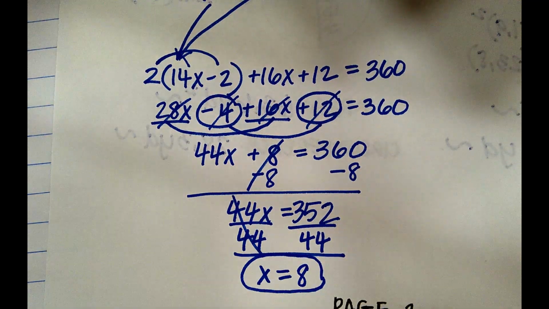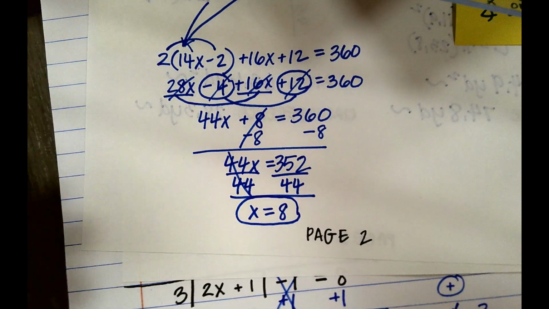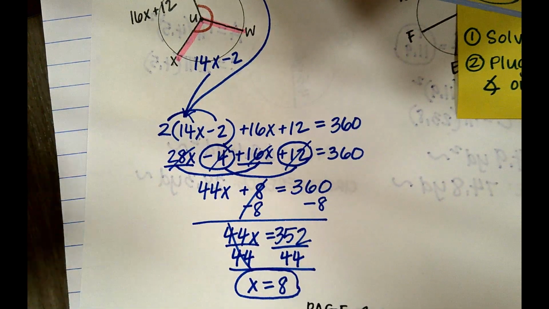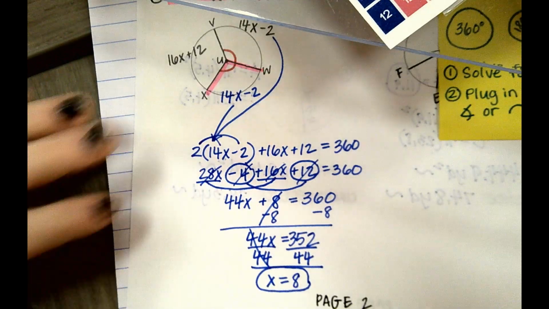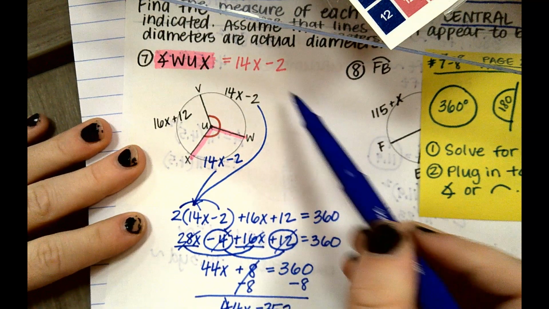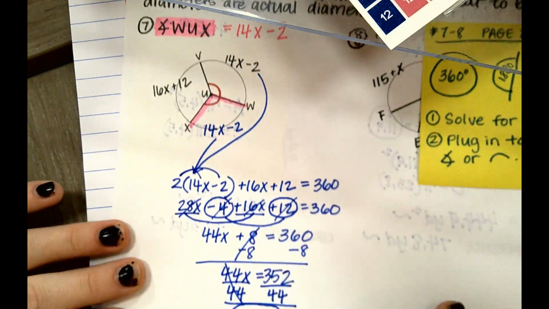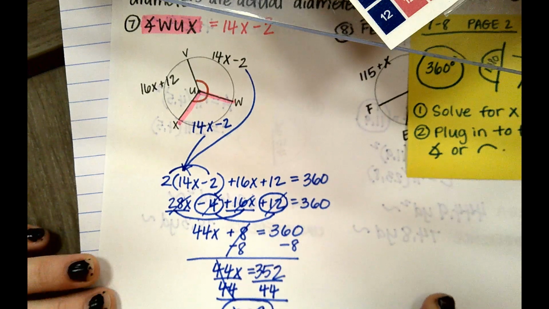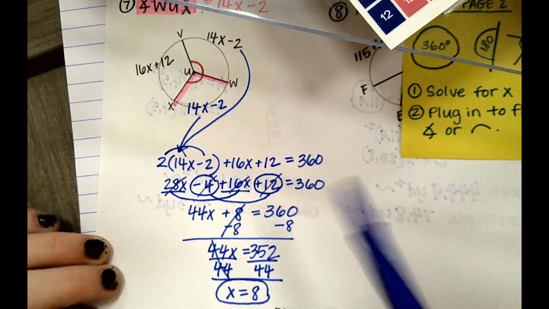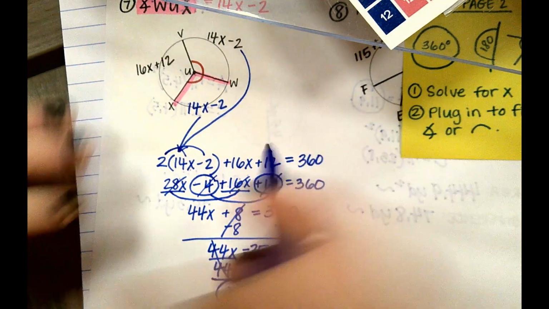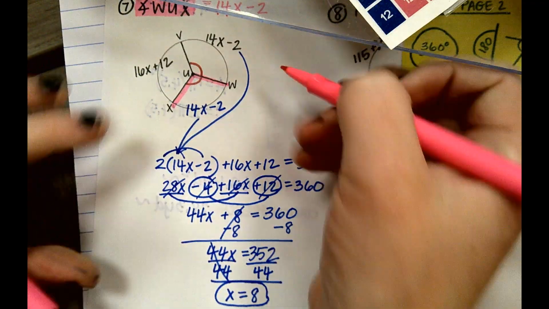So then once you do have X, this is where we go back up to the beginning. And this is where I always recommend to write the value that you need to plug into 14x minus 2. So I want to make sure everybody can still see my work. I'm going to plug in 8 for x.